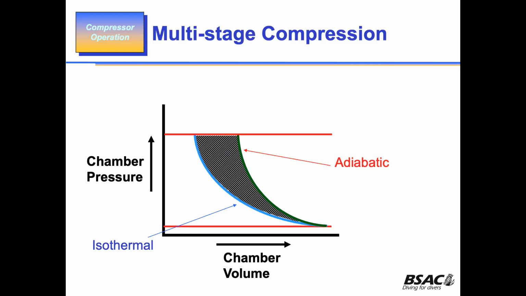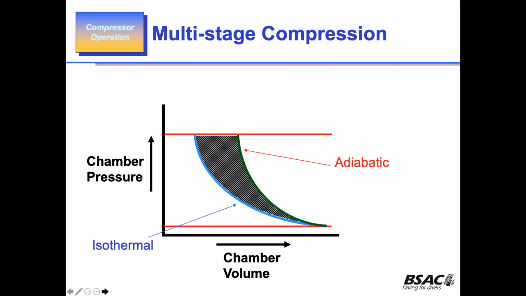So we start our compression. The first one we do is our first stage. On the first stage, we compress up on the first stage cylinder, and that follows the adiabatic line. But then we stop and we cool the gas that's being compressed down.